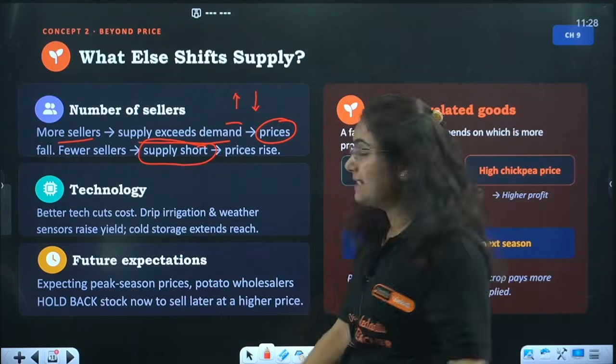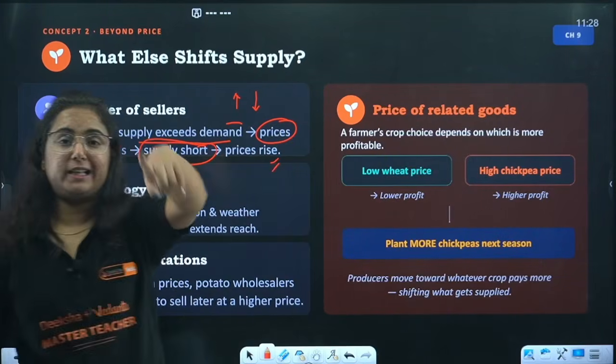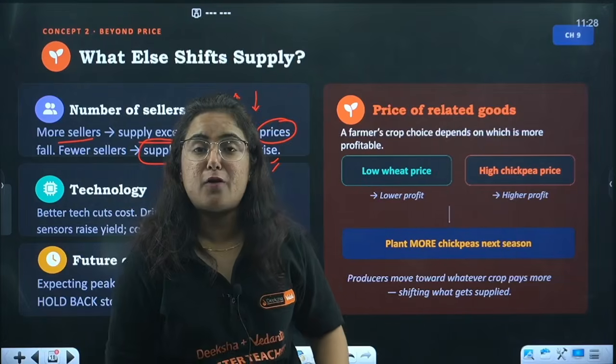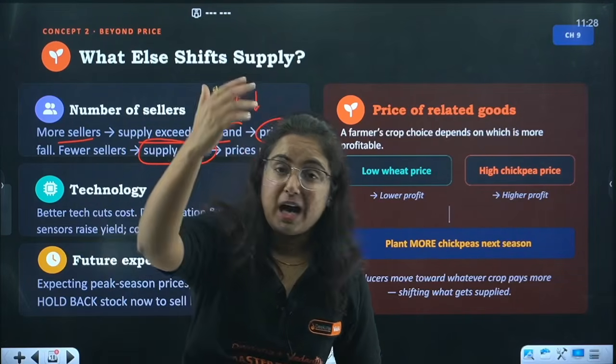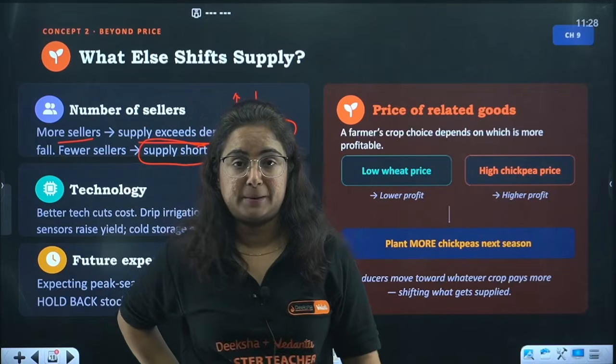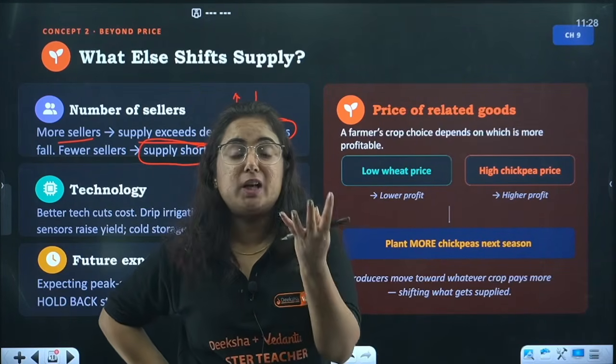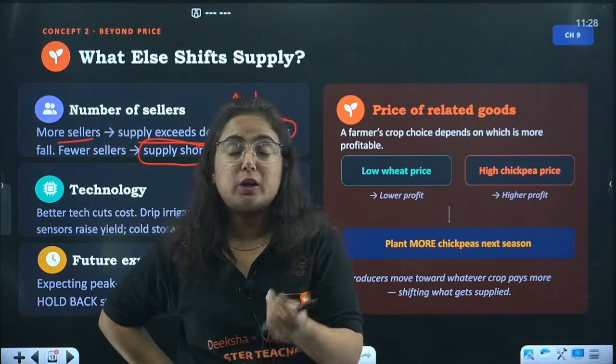The supply is less and hence the price rises. Again, let's take the example of COVID-19, where there were fewer oxygen cylinders but the demand was high, so the prices eventually increased because of the shortage of supply.